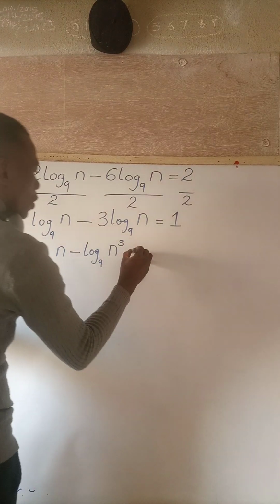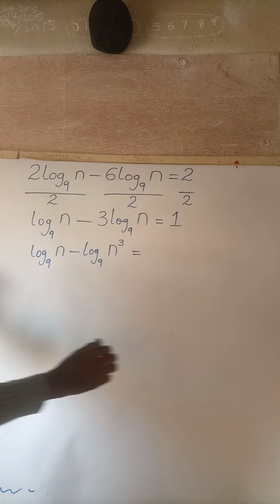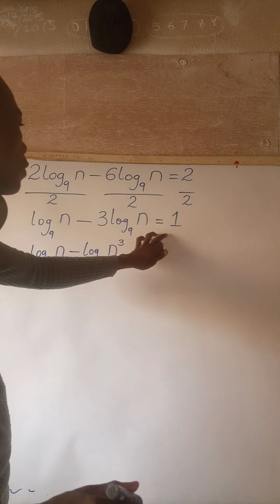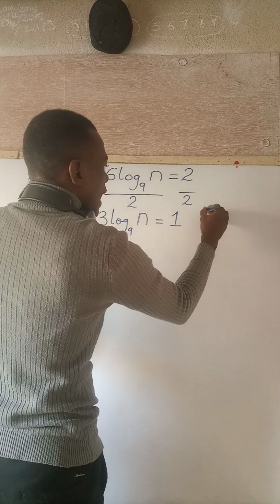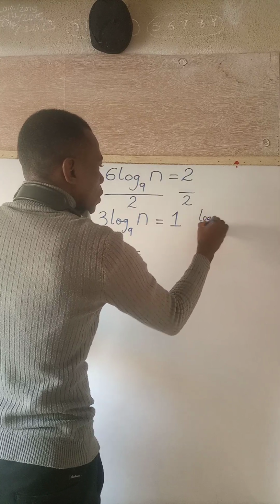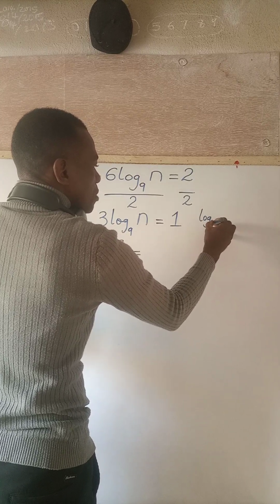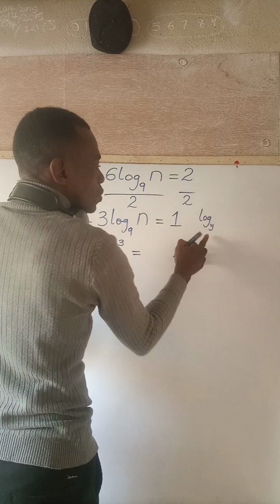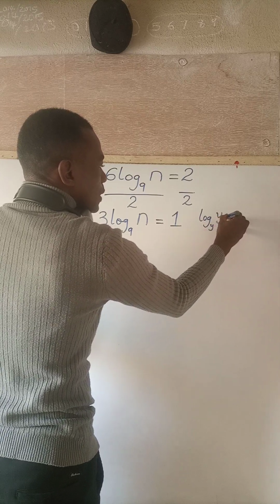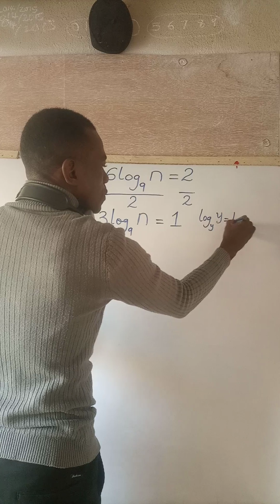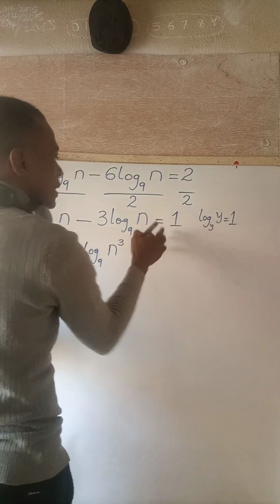Now, under the rules of logarithm, there is a rule that stipulates that log, let's say y, we use y as the base and the number is y, is equal to 1. So we are going to apply this here.